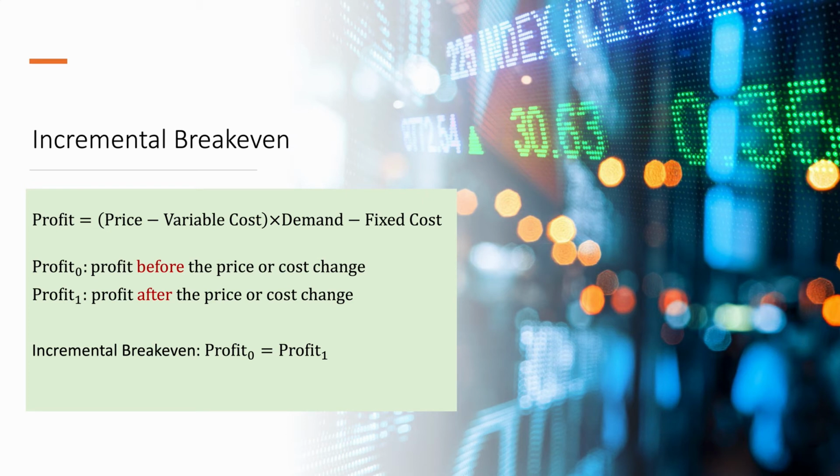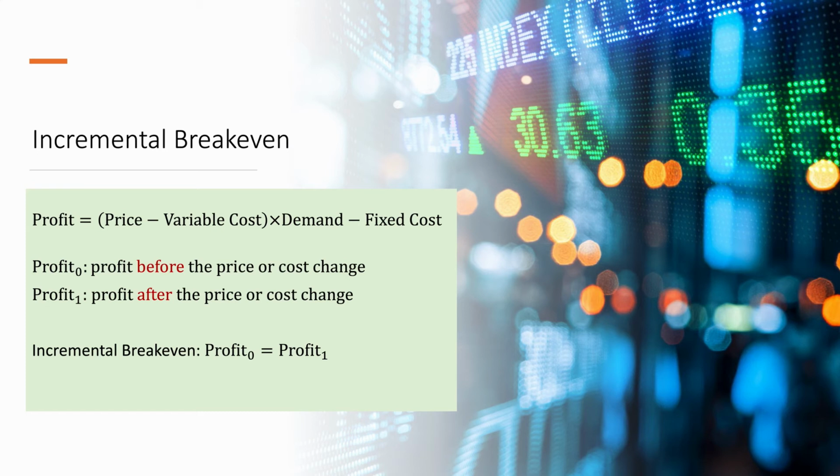So here's the formula that we use for calculating incremental break-even. Profit equals the price minus the variable cost, times the demand, and then minus the total fixed cost. So that's the profit for a business.